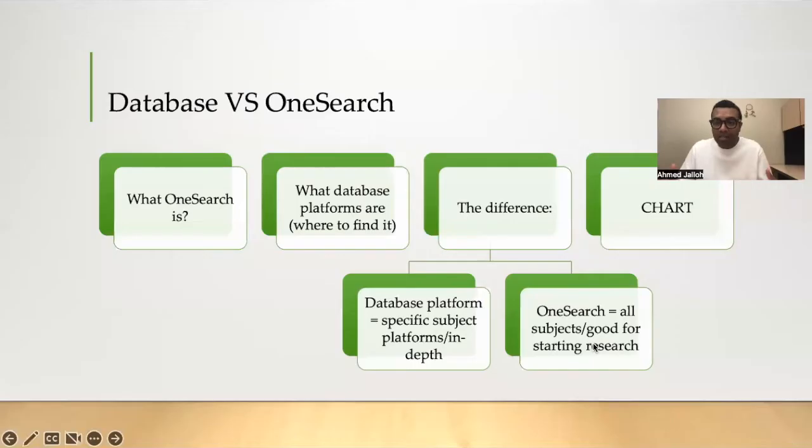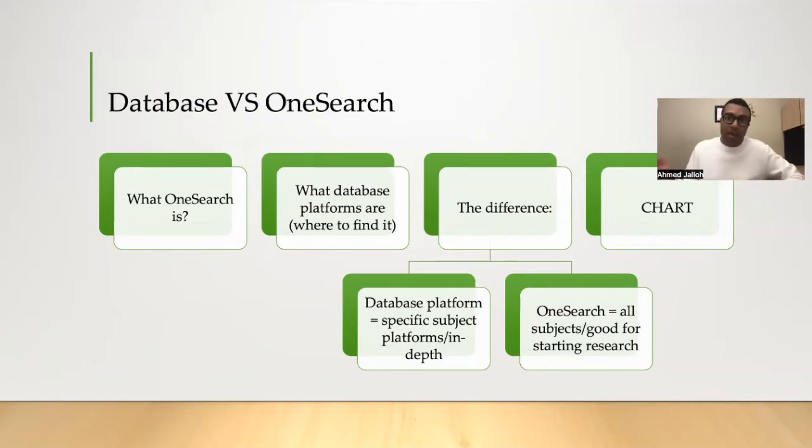So because of that, we want to make sure that when we're doing our research, we start off doing our research on OneSearch to get a broad view of what our subtopics could be. Once we have the subtopics, we could go to the specific database platform that offers in-depth information about my topic.